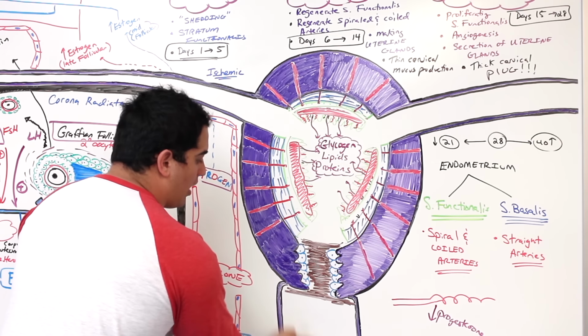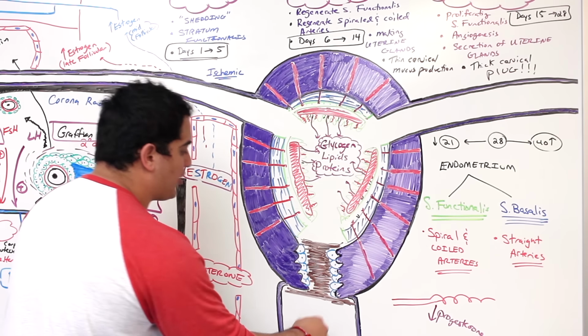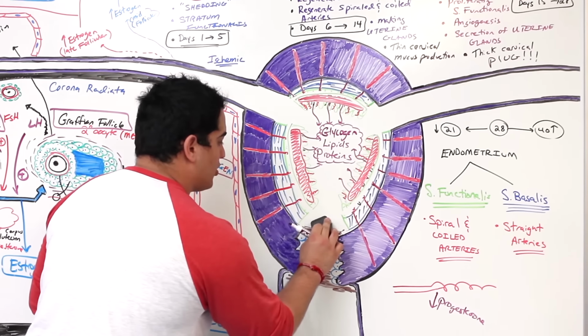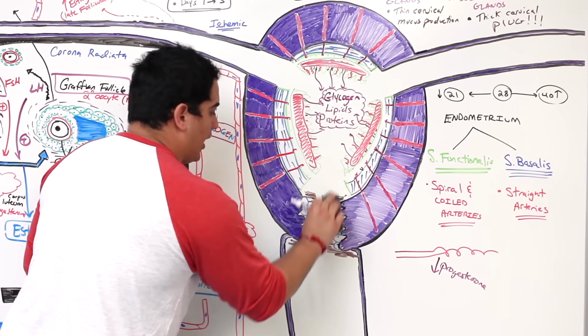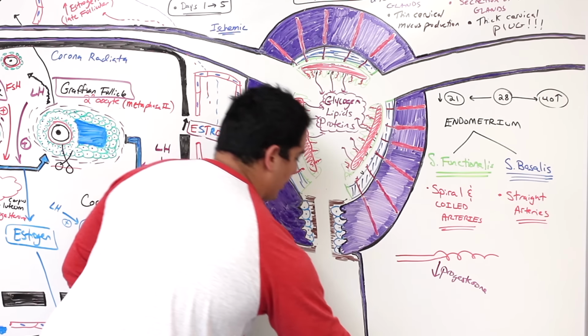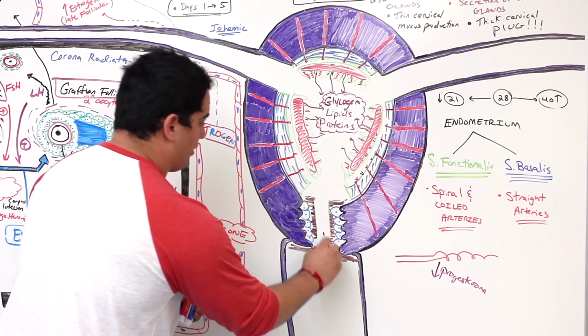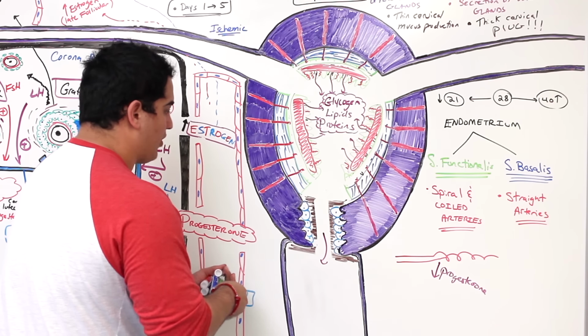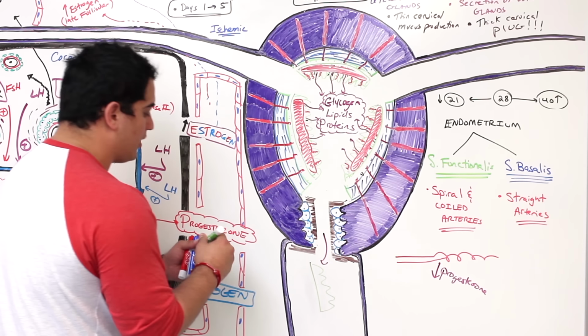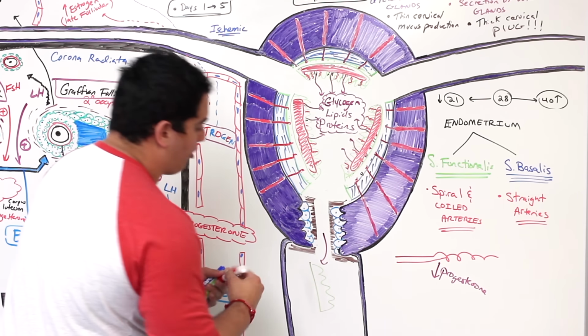And it's lost out through the vaginal canal, because eventually the progesterone production stops, right? So what happens to the cervical plug? It goes away, right? That's another result of it. And look what happens here. Look what you lose as a result coming out of the vaginal canal. You're going to have, what is this? This is the stratum functionalis. And what else is going to be a part of that stratum functionalis?